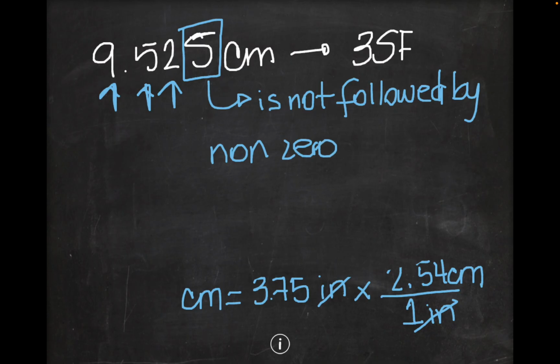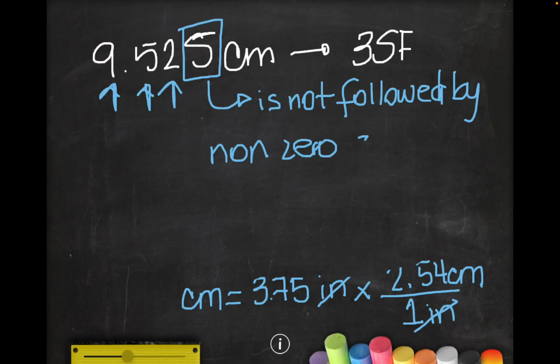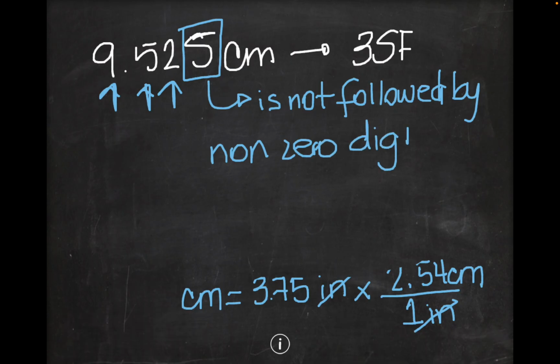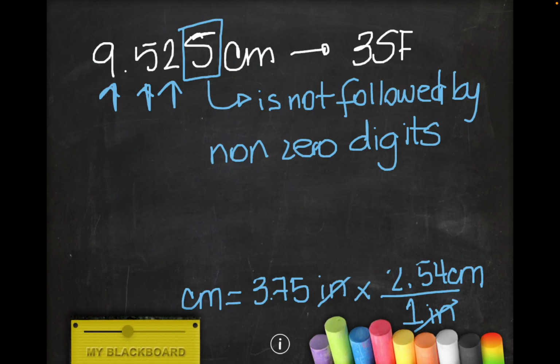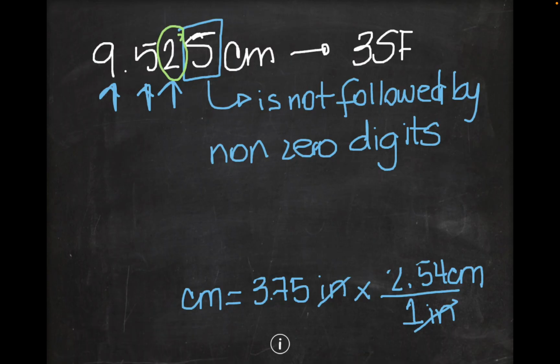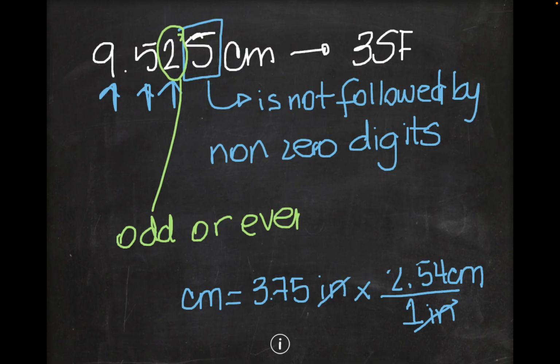So since it is not followed by non-zero digits, what do we need to do? We need to check: is the number preceding the 5 odd or even? Notice that it is an even number.